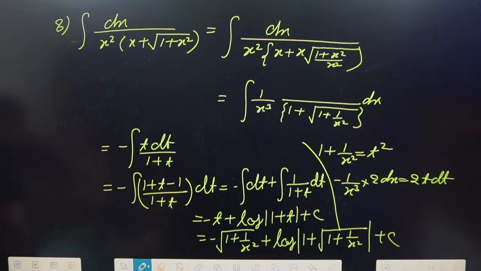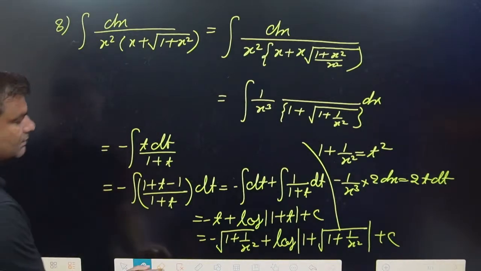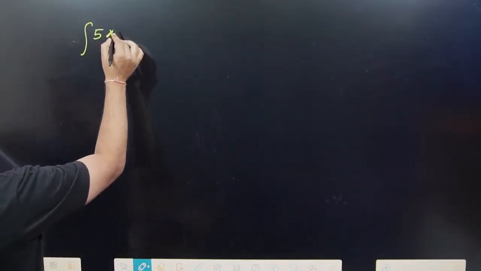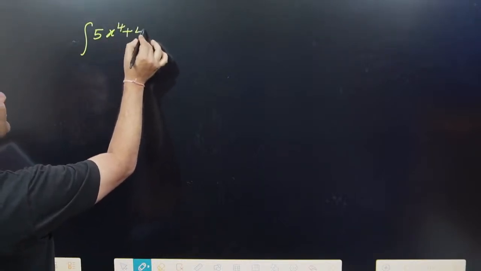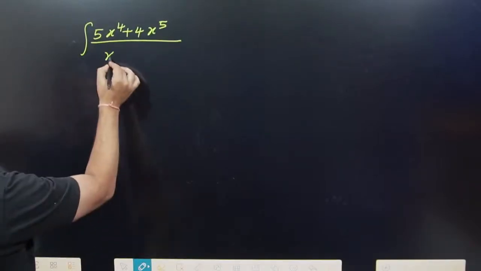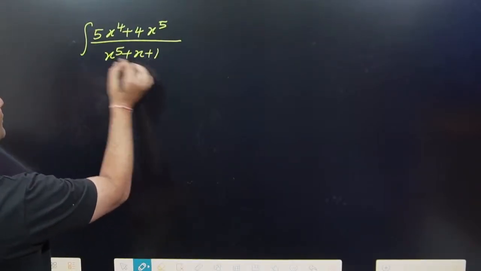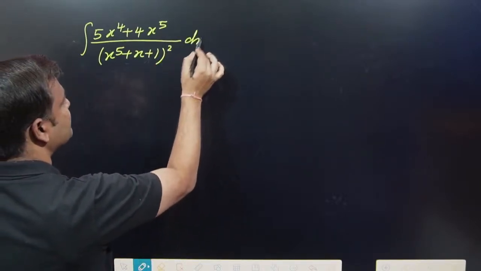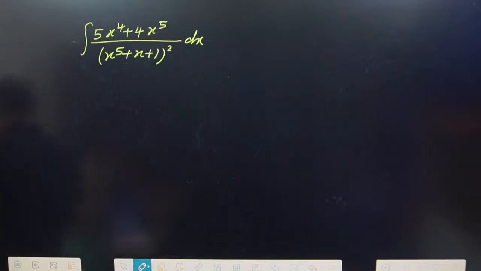Now the next problem is integration of (5 into x to power 4 plus 4 into x to power 5) divided by (x to power 5 plus x plus 1) to whole power 2 into dx. How can we solve this type of problem?